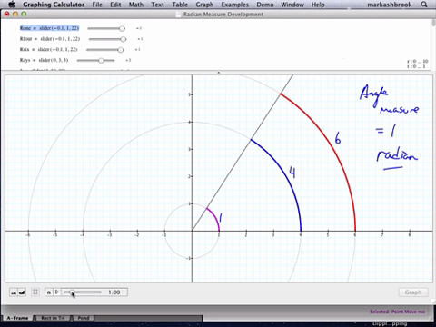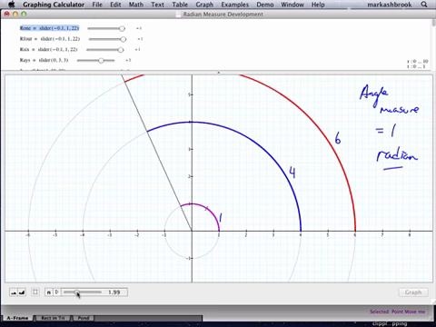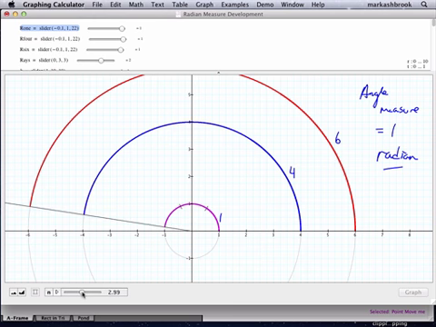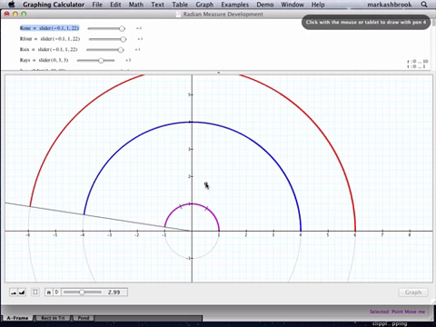Okay, so now I'm going to show, here's 1 radius length, here's 1 radius length, and here's 1 radius length. See, I'm marking off on the smallest circle. So how many units long is that? That's 3. Okay, so for each one of these, each blue, purple, blue, and red, I want you to find S, R, and theta.